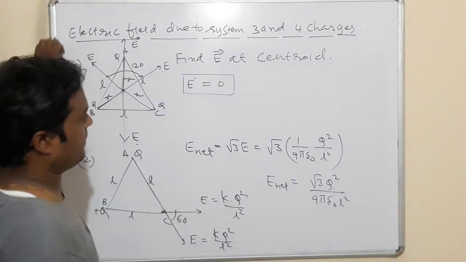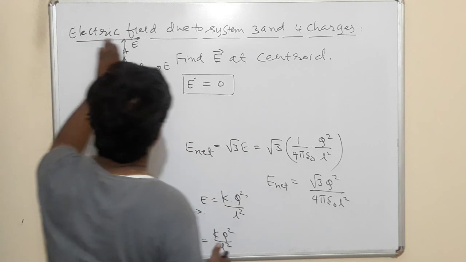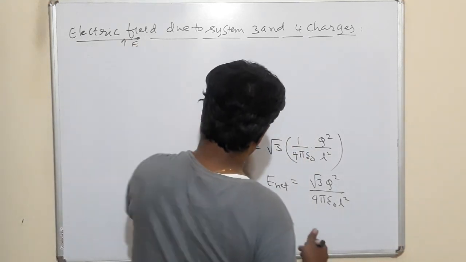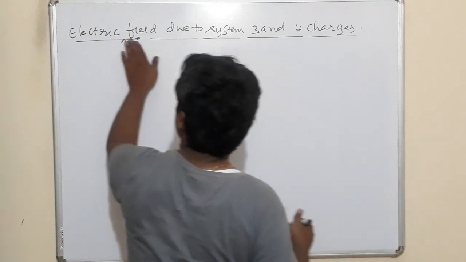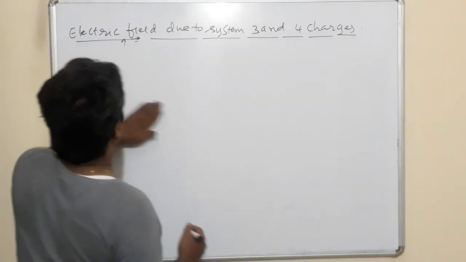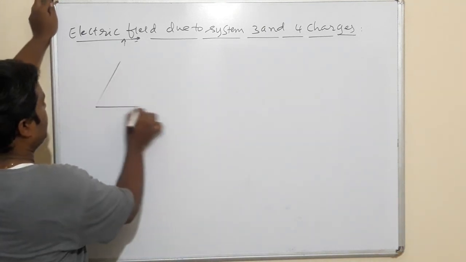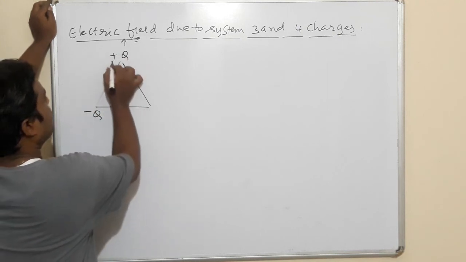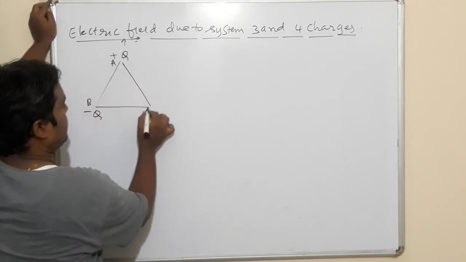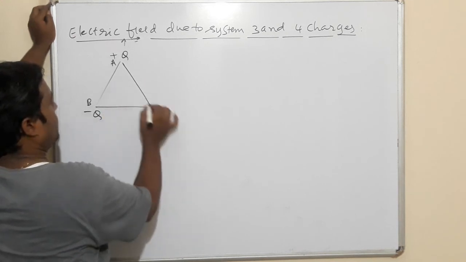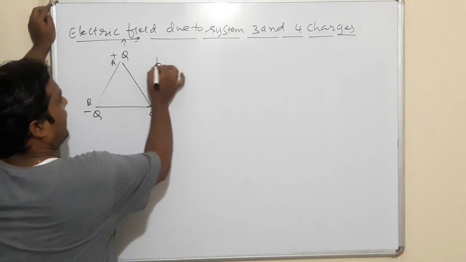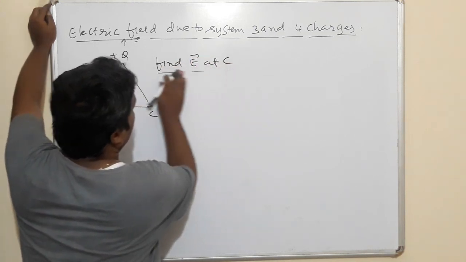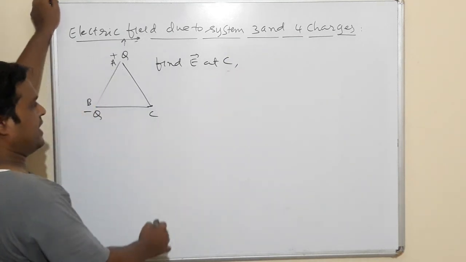Then we will solve some more examples based on the system of 3 and 4 charges also. See, suppose for example this is plus, this is minus, this is A, this is B and this is C. At this same point, find the electric field at C. First you see the directions.